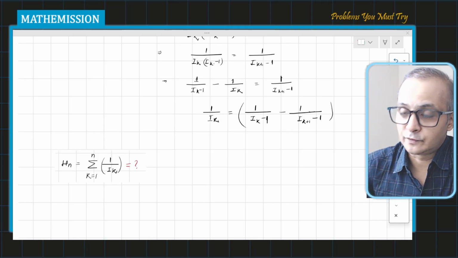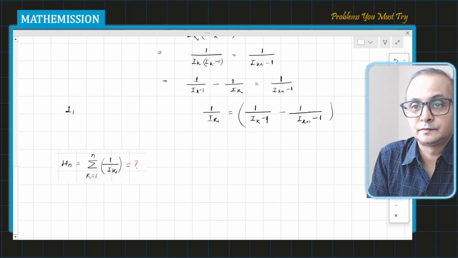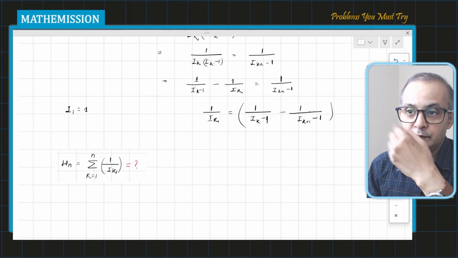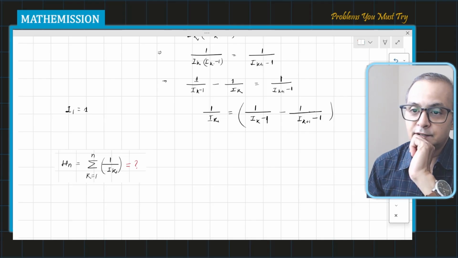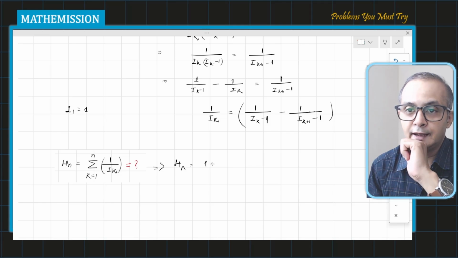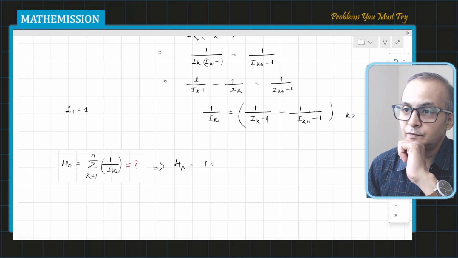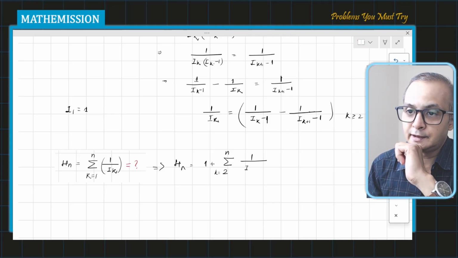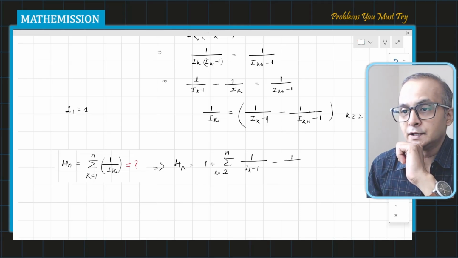One thing you have to be very careful about, that i_1 is already given as 1. So this will not start from 1, because this will become 0 there. It will start from 2. So how do we make it happen? I can write h_n in this way, that 1 at the value 1, and this I'm going to start with k going from 2 to n, and that is 1 by i_k minus 1 minus 1 by i_k plus 1 minus 1.